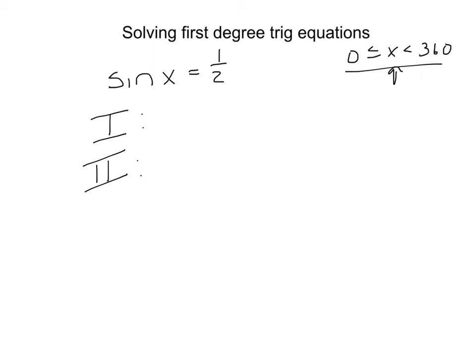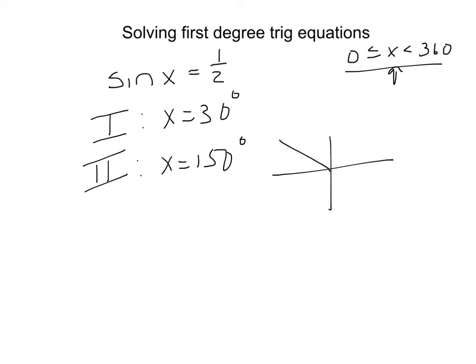I know that if the ratio is 1/2 and it's sine, that x is 30 degrees. I also know that in quadrant 2, I'm going to get 150 degrees. Keep in mind, we did problems like this. If I give you the reference angle, can you take it back into the appropriate quadrant and then tell me the angle of rotation? And that's essentially what we're doing to find that second angle.